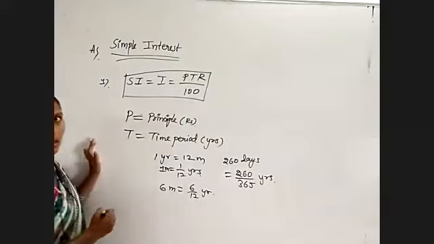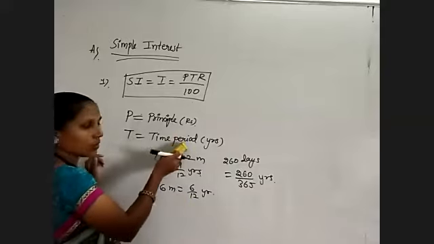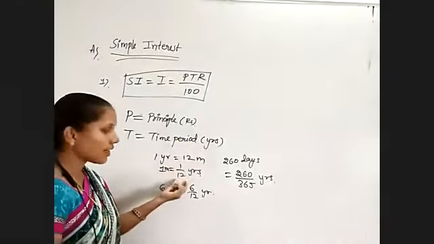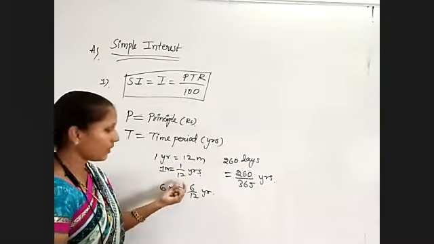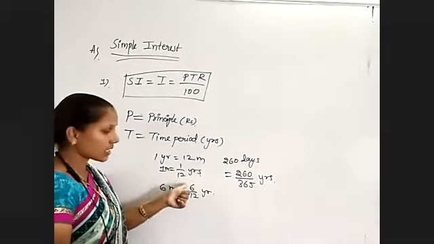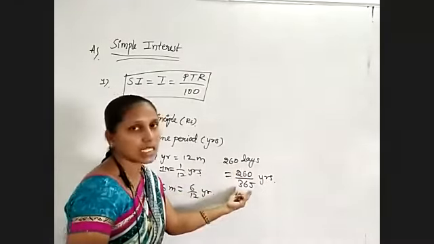Like this. Almost always you will get the time in years only. Whenever it is given in months, divide by 12, whatever number they give. So here 6 months means 6 by 12; I have divided 6 by 12. If days are mentioned, divide by 365.